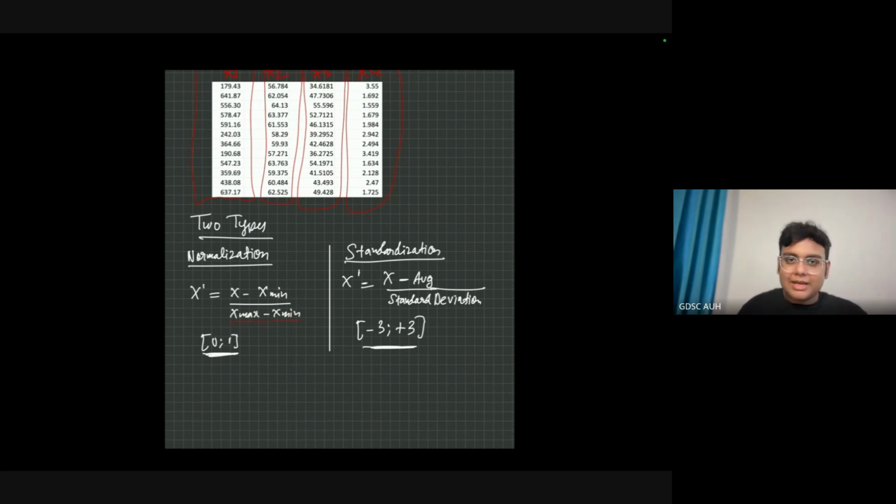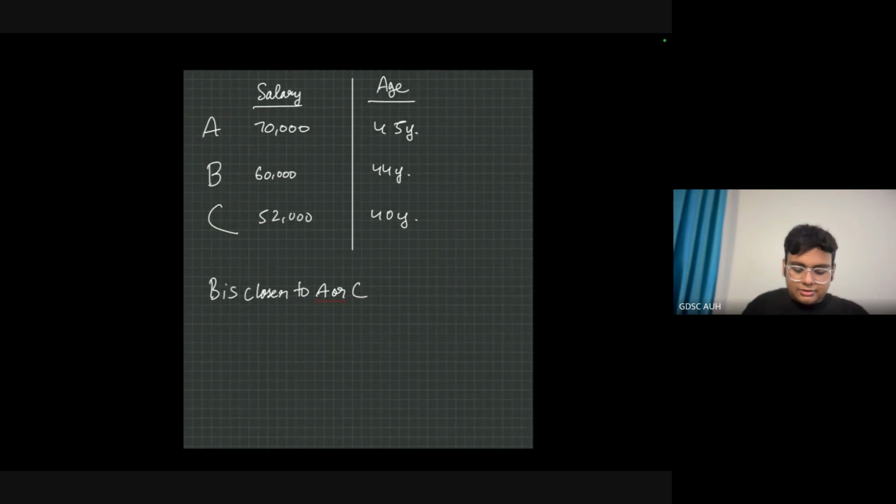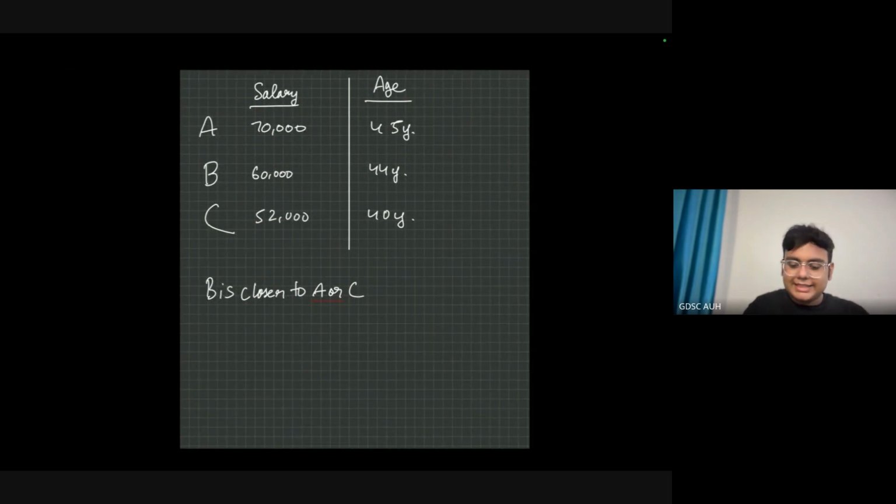So, for example, we had data there, right? Now we want to compare. Let's just take the example that I've used there, so you'll understand easily. We have a salary and an age.